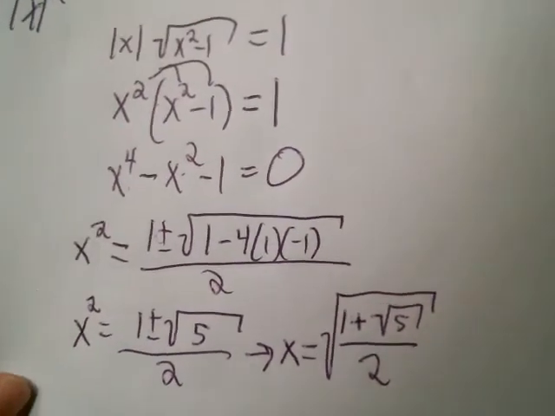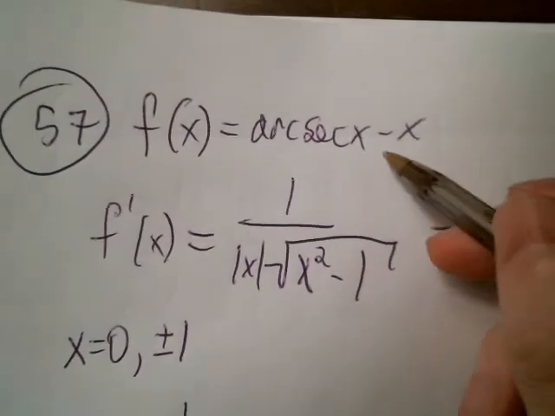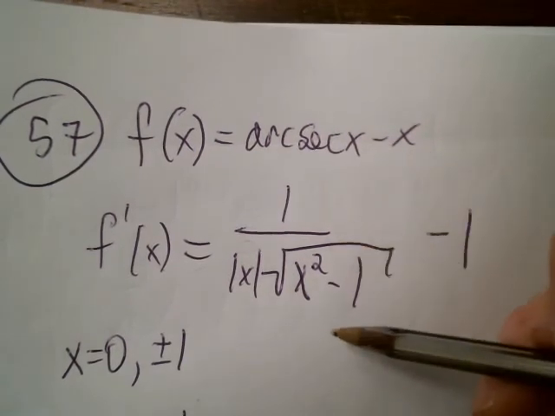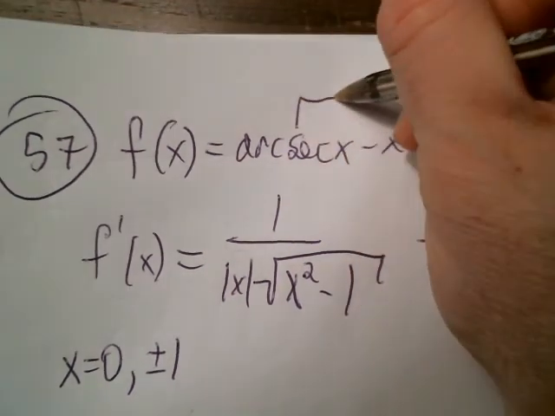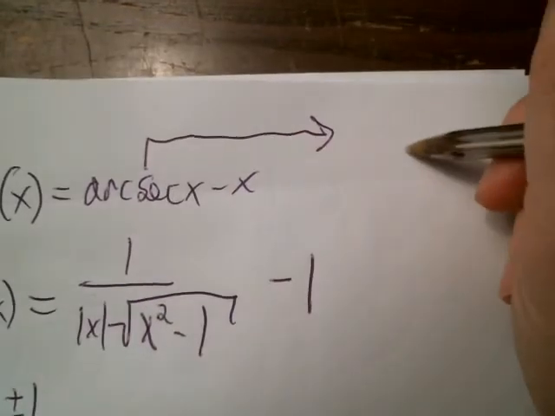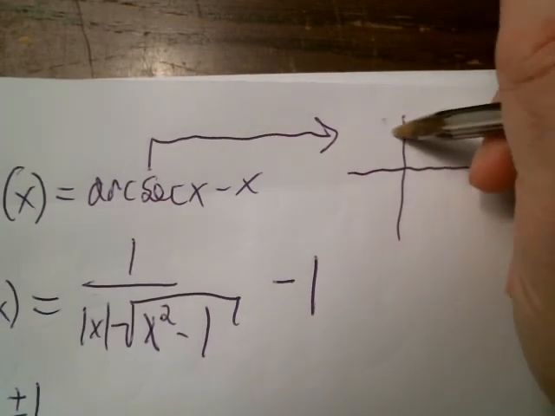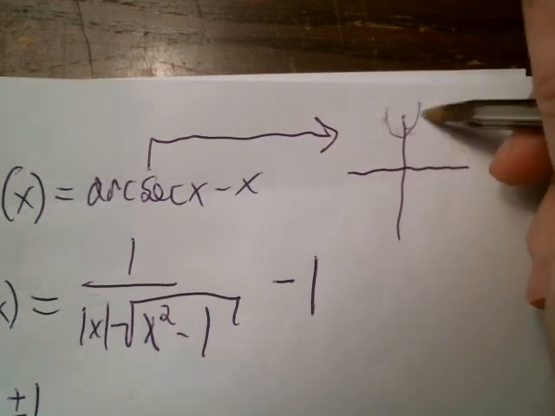So it seems like there's another kind of issue here with the domain of these things. So arcsecant is undefined all over the place apparently, or not really. Oh my gosh, it has a restricted domain, right? So if you think about the arcsecant function, well, secant looks like this, right?